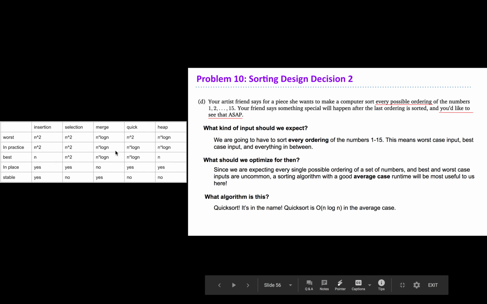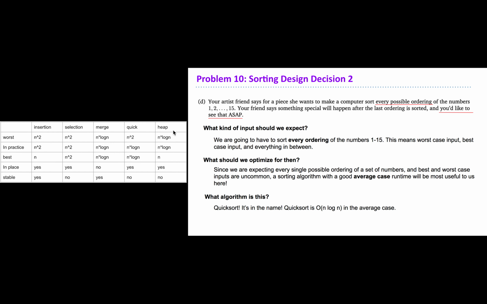But again, I think picking any of these three for this problem you'd be totally fine. But it's interesting to know that quick sort has really good constant factors. So we chose quick sort because it has a good n log n average case here.